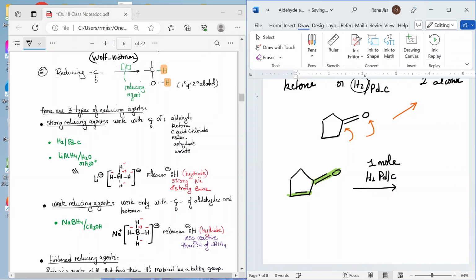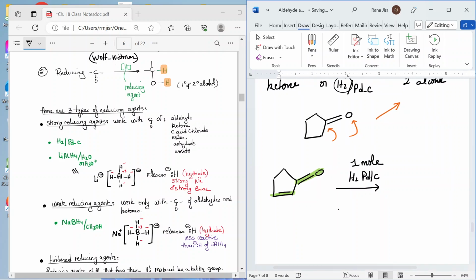From chapter 9, we know that whenever you add hydrogen to the double bond, this is the hydrogenation of the alkene. Alkenes are way more reactive than the carbonyls in terms of addition of hydrogen. So if you're adding 1 mole of hydrogen, the hydrogenation is going to be on the alkene and not on the carbonyl.